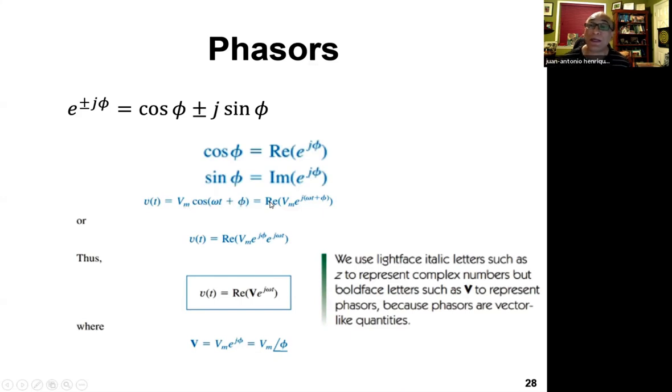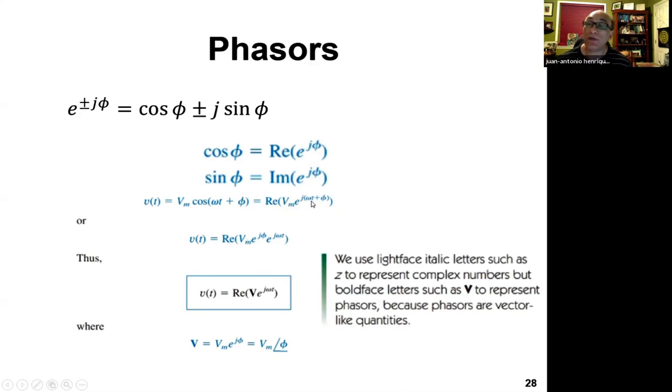Since it's only the cosine, it can be represented by the real part of this expression, see? So if we take the real part of this expression and we expand it using Euler's formula, we get exactly the same v of t. So this is another way of representing these expressions, using Euler's formula in terms of the real part.